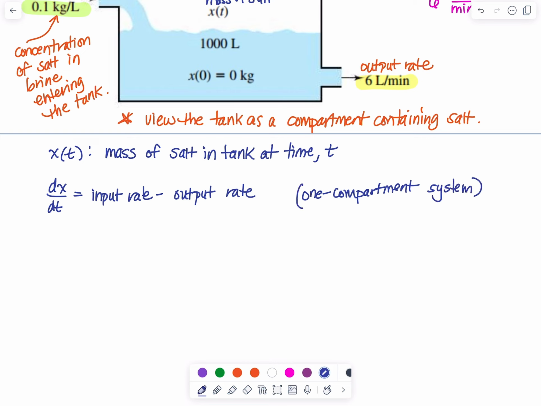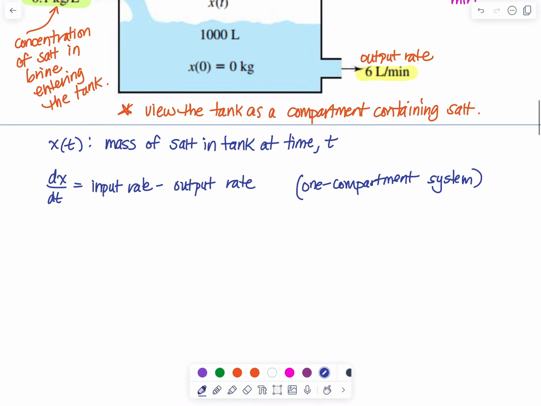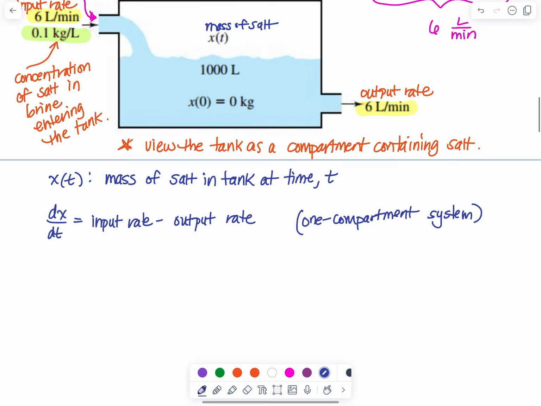Okay, so now we need to find the input rate. We are given that the brine flows into the tank at a rate of 6 liters per minute.